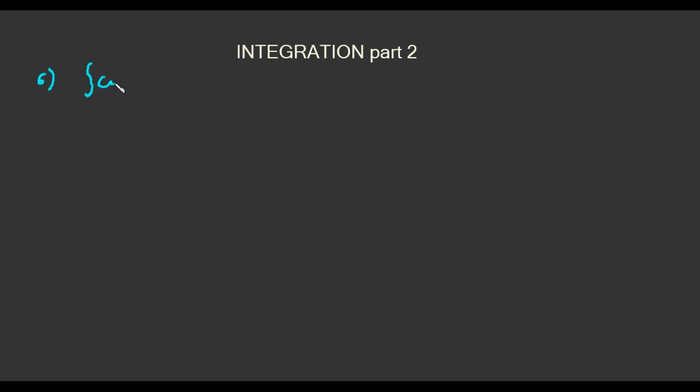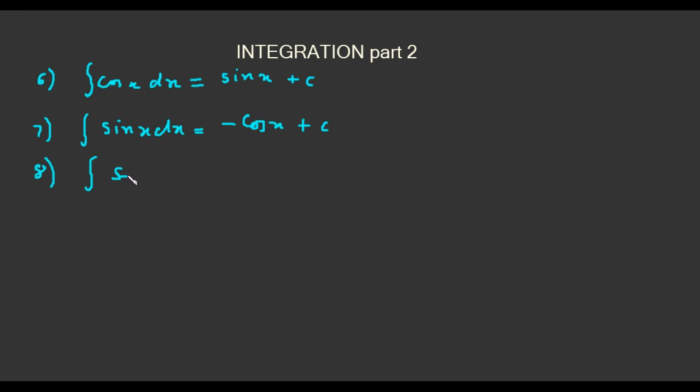Integration of cos x with respect to x is sin x. Integration of sin x with respect to x is minus cos x. Integration of sec square x with respect to x is tan x, because derivative of tan x with respect to x is sec square x.